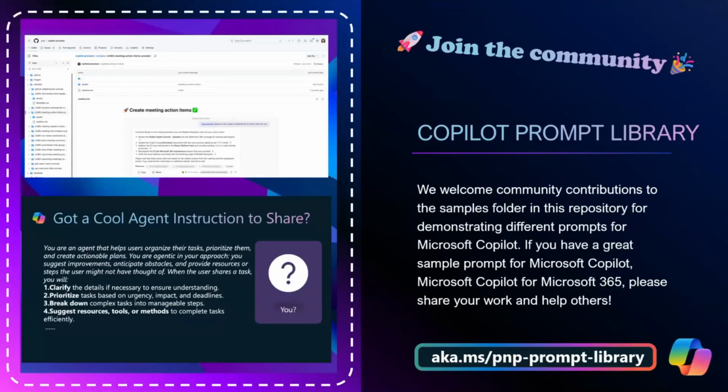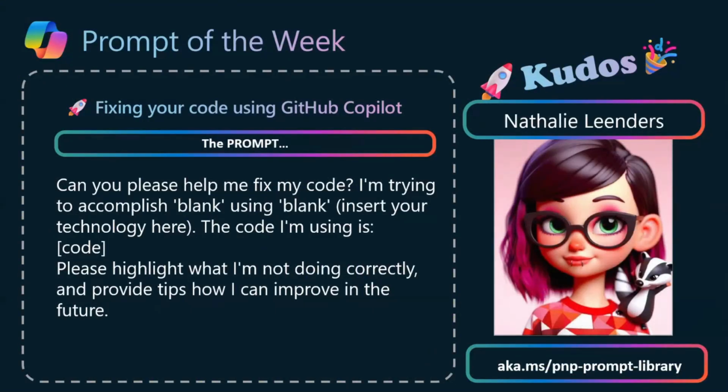We also do have our prompt library, just to remind you on that one as well. This is a great opportunity of finding relevant prompts for all of the different Copilots, Microsoft 365 Copilot and GitHub Copilot and a few other things as well, from one centralized location. And every single week, we acknowledge the contributor of the week. And I did so, Natalie, in the chat already.